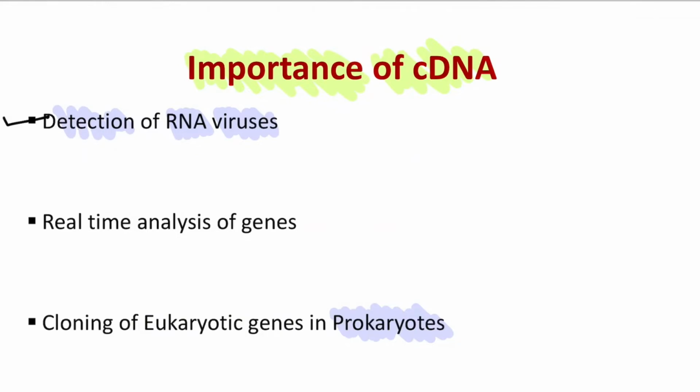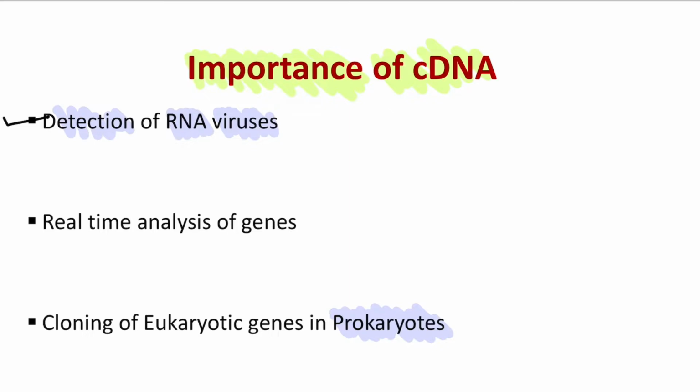So, what is the importance of the cDNA? Why are we preparing the cDNA? As we know, there are different applications, but I am listing here only the major ones. First is the detection of RNA viruses.